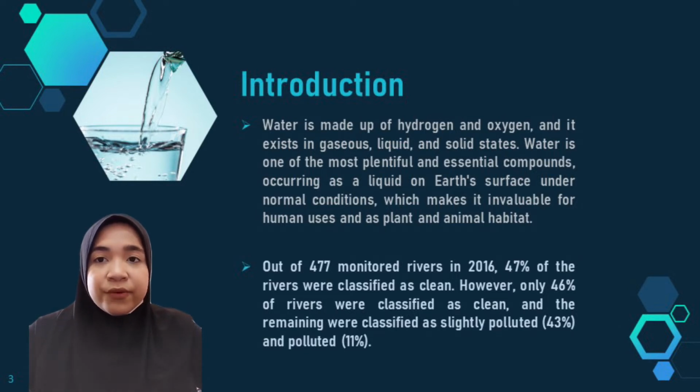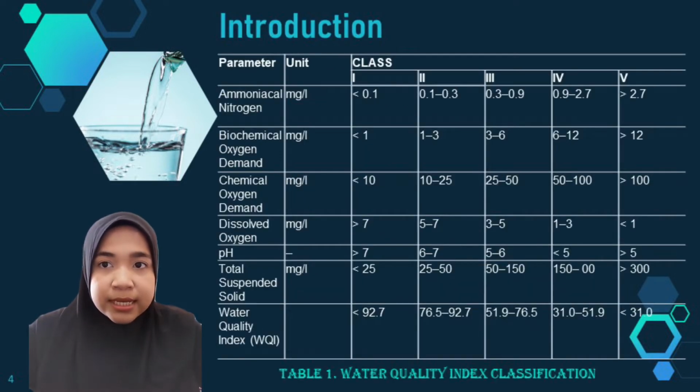Humans use rivers for irrigation in agriculture, daily necessities such as drinking water, transportation, generating electricity through hydroelectric dams, and leisure activities. Due to urbanization and modernization, river water pollution is a severe problem in Malaysia and has an adverse impact on the sustainability of water resources.